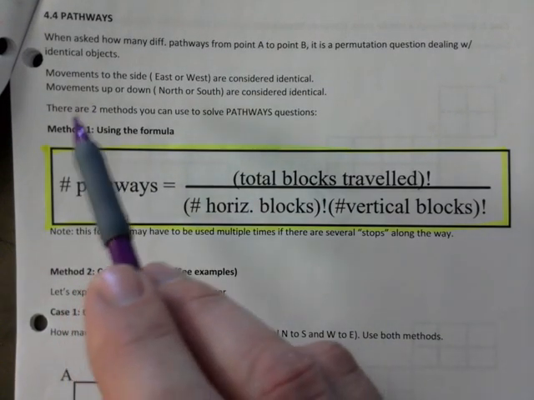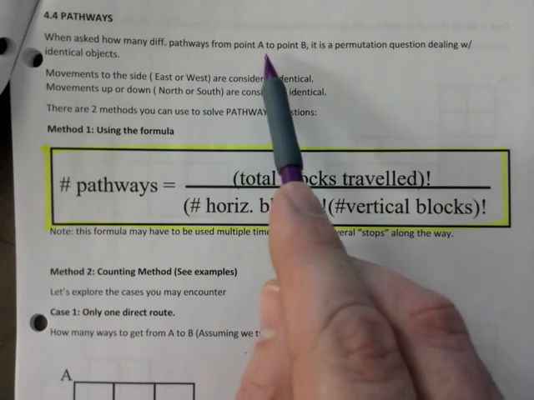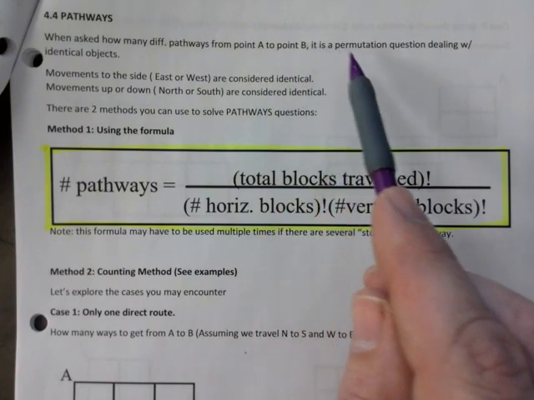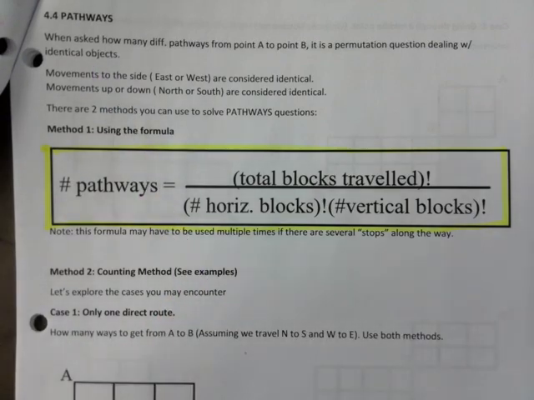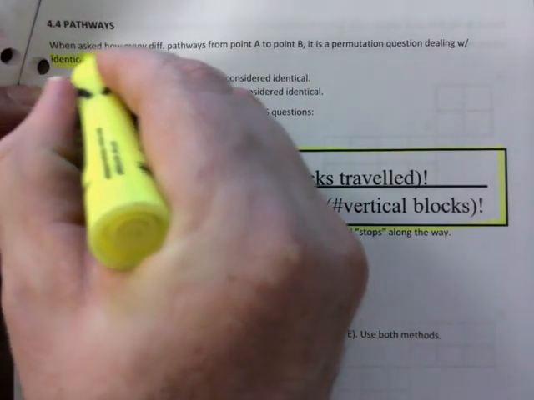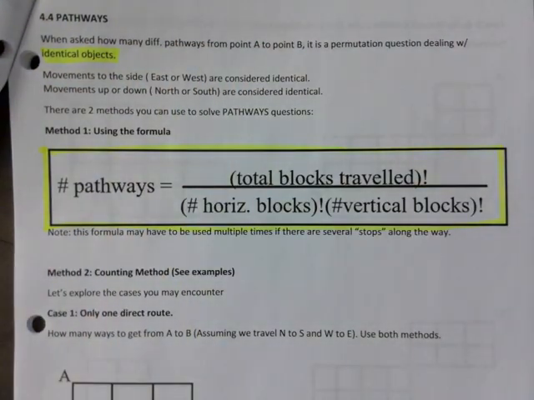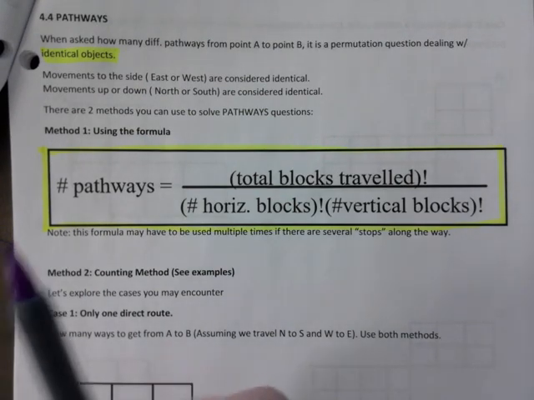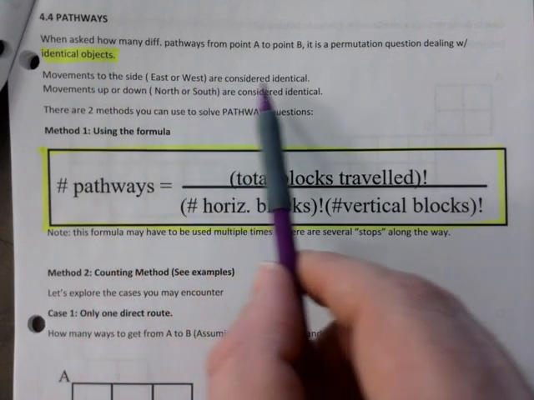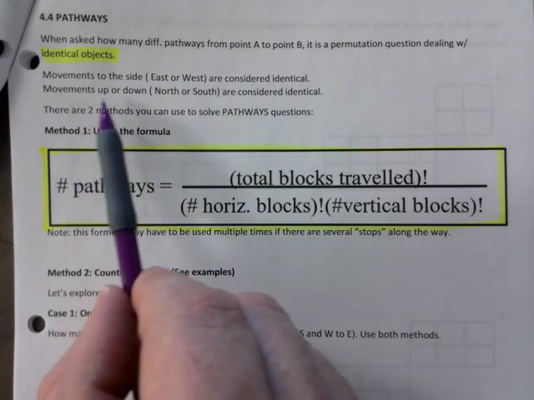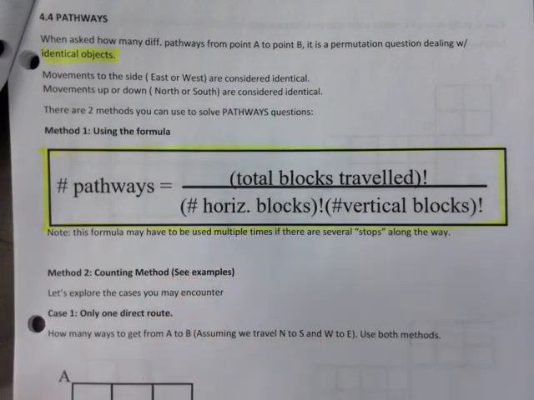Okay. When asked how many different pathways from point A to point B, it is a permutation question dealing with identical objects. So it's kind of related to what we've done before. We kind of divide out the identicals. Movements to the side or east or west are considered identical. Movements up or down, north or south, are also considered identical.